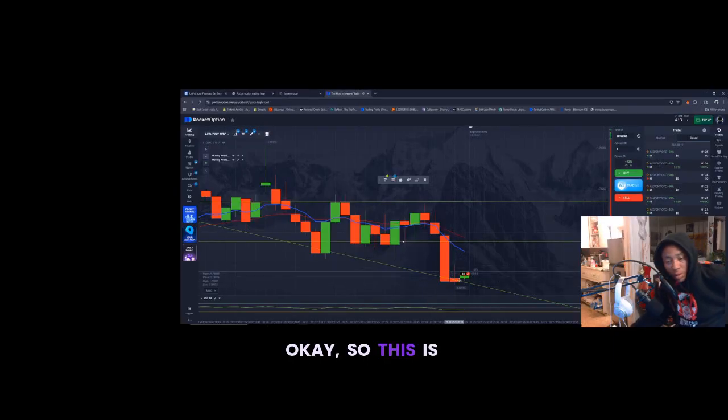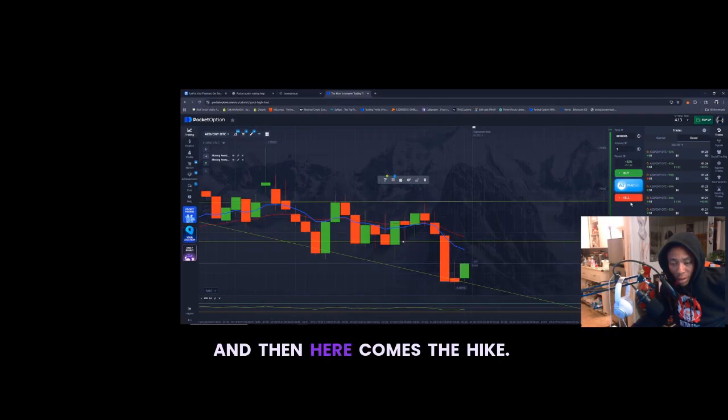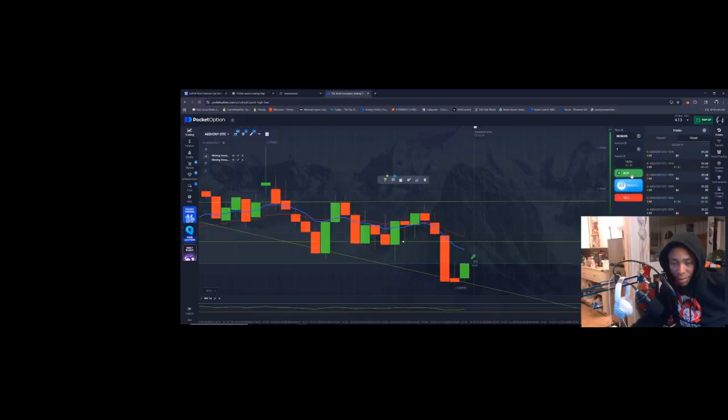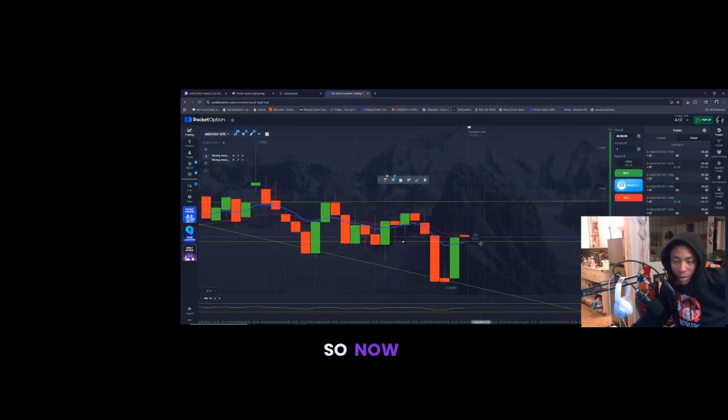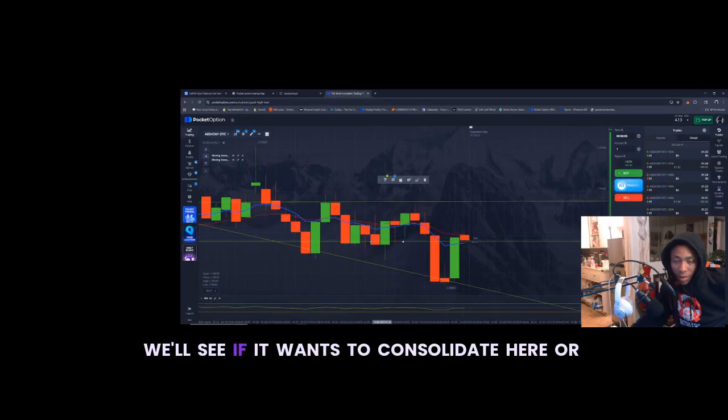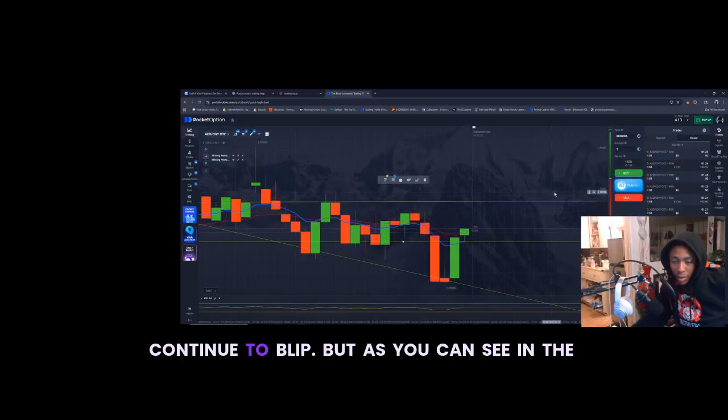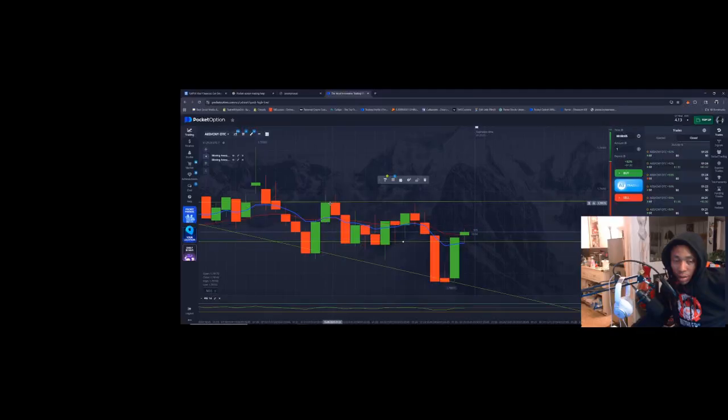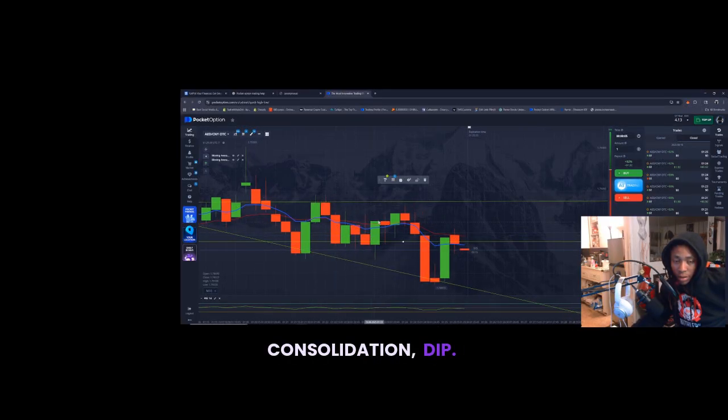Okay. So this is consolidation, and then here comes the hike. So now we'll see if it wants to consolidate here or continue to pull up. But as you can see in the pattern, there's period here, dip, consolidation, dip, and then usually a flat line.